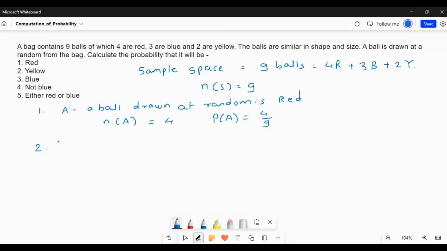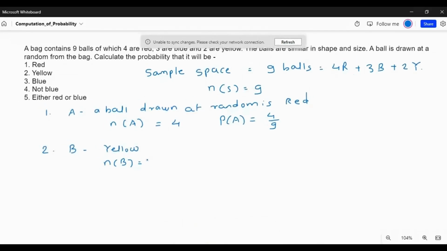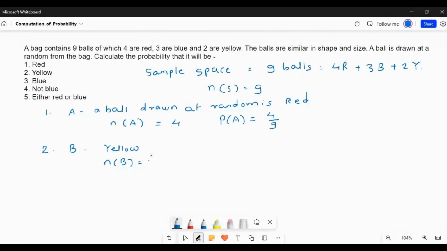Similarly, I can define B: a ball drawn at random is yellow. Because there are 2 yellow balls, n of B is 2, so probability of B is equal to 2 by 9.